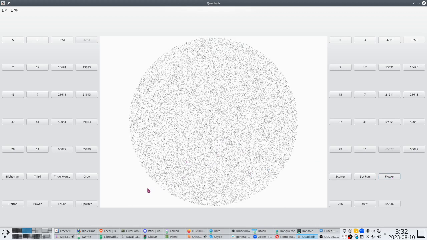This is the flower plot of 65,027 power scrambled. It looks like a random scattering of dots.